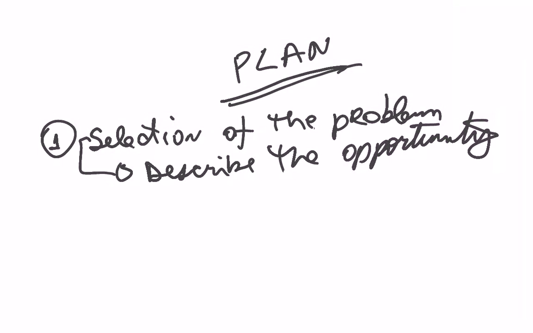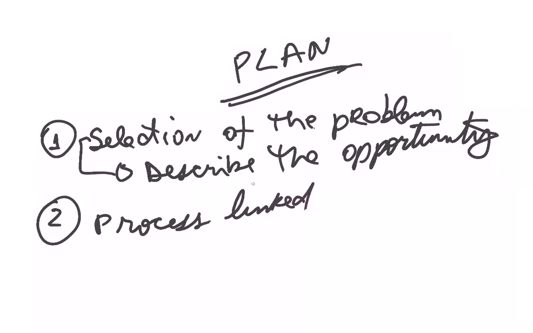Once you have selected the problem or process that will be addressed first, and also you have described the improvement opportunity, then you will describe the current process that surrounds that improvement opportunity. So the process linked to that opportunity.